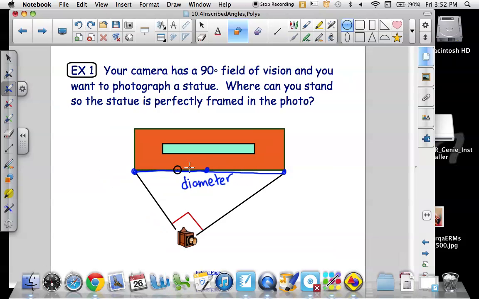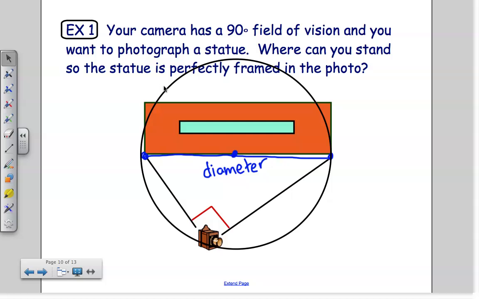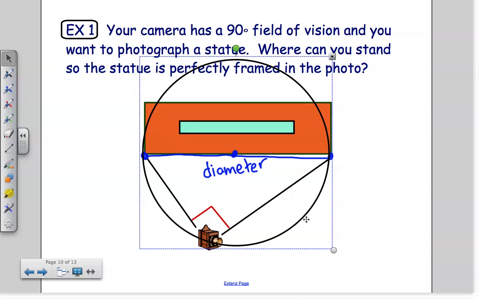I think that's pretty close to the center. Let's see, I'll have to adjust that a little bit, and then go back to full screen. Basically, I'm trying to make this circle fit perfectly at the edges of this statue here.